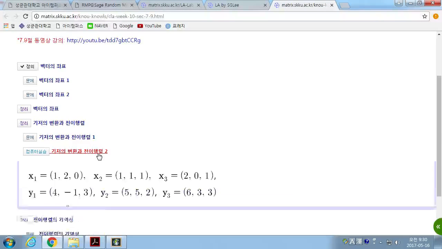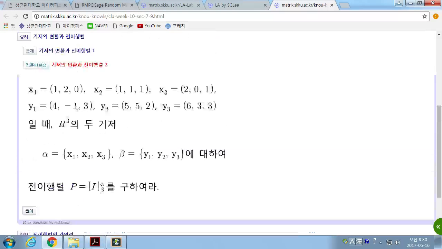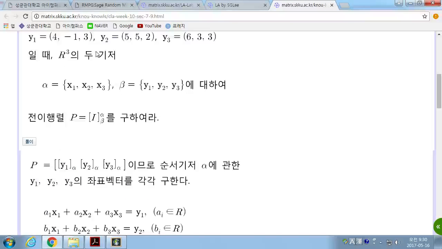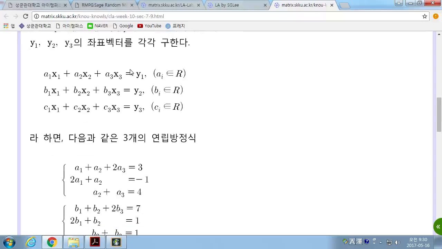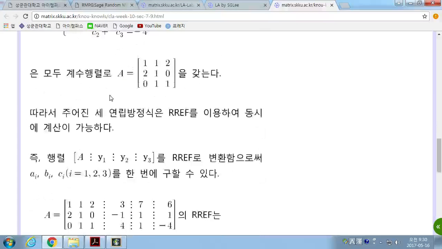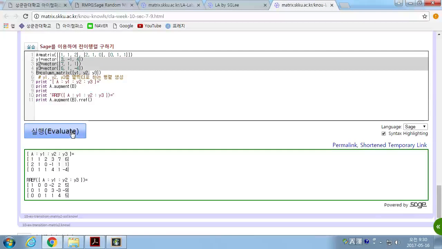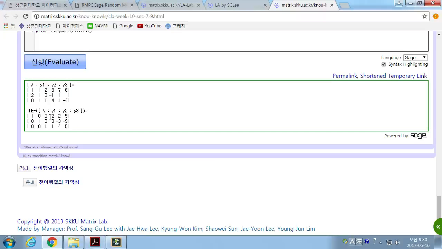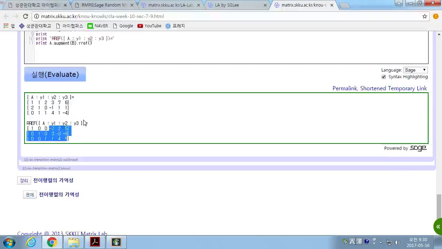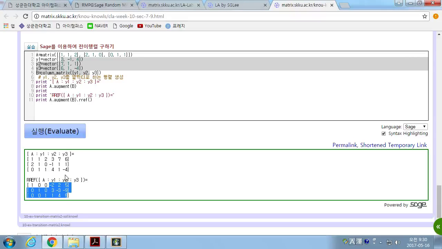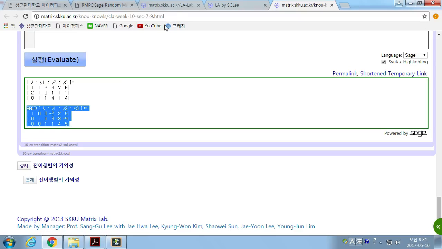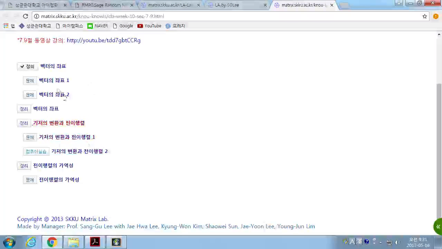From here, you will see the concept and the code for the problems and solutions, and how to find the transition matrix P. This also has the code that gives you the transition matrix by using Gaussian elimination. And this is the concept that we're going to learn.